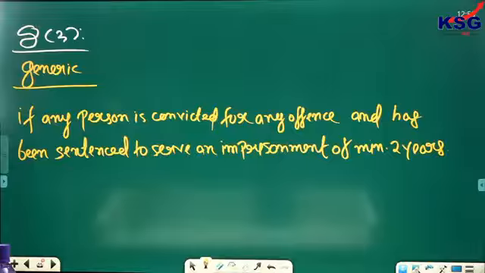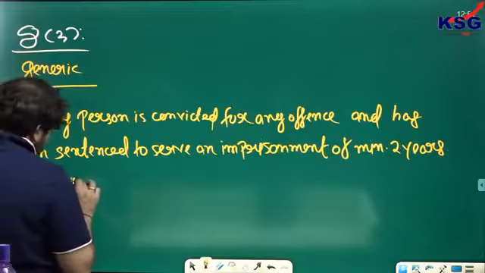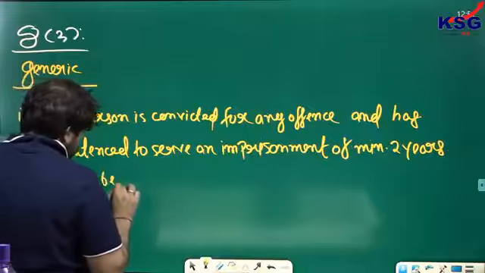It says that if any person is convicted for any offense and has been sentenced to serve an imprisonment of minimum 2 years. So any offense, if a person has committed any offense and under that order of conviction, that person has been imprisoned for serving a jail term of 2 years, then he will be disqualified.